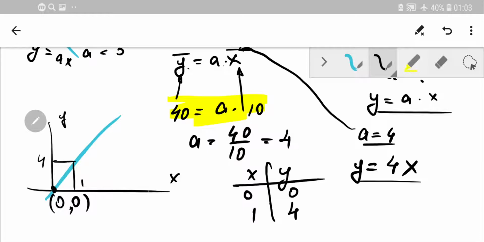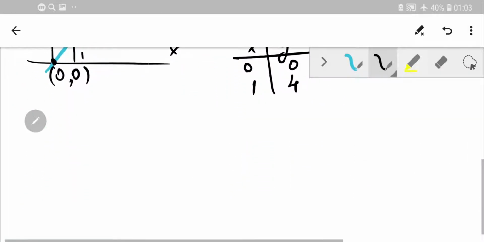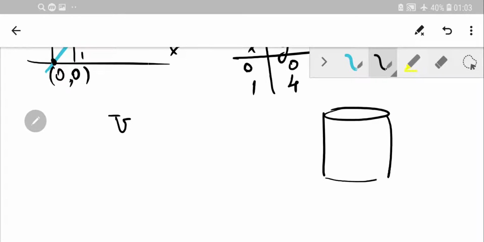Here is how you can visualize this direct proportionality. You might be given different tasks, but they're almost the same. For example, let's take a cylinder, and we know that the volume is directly proportional to height, and also to the radius of the top part.